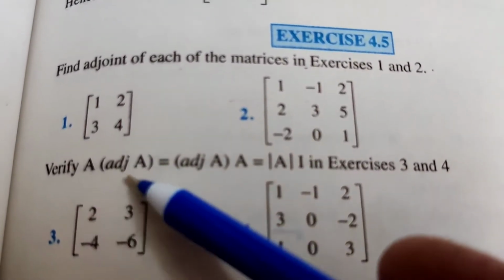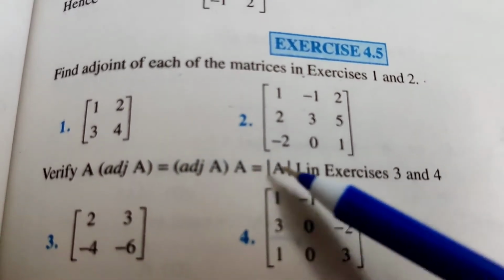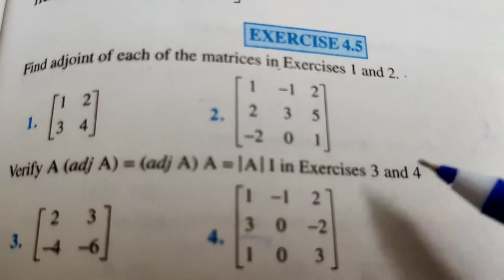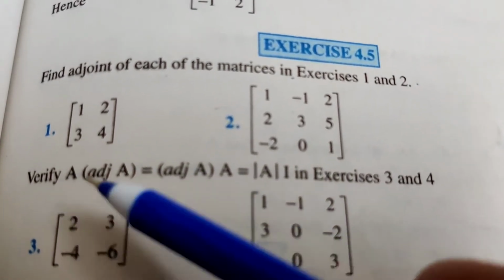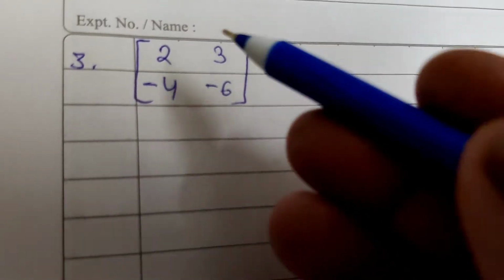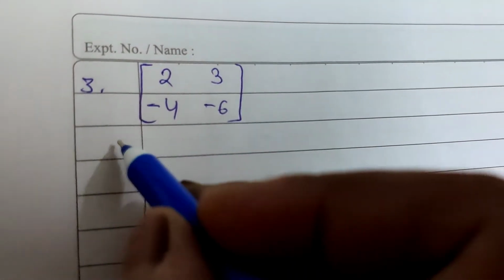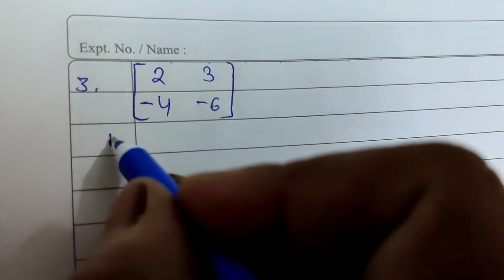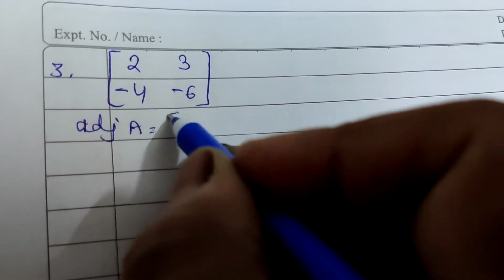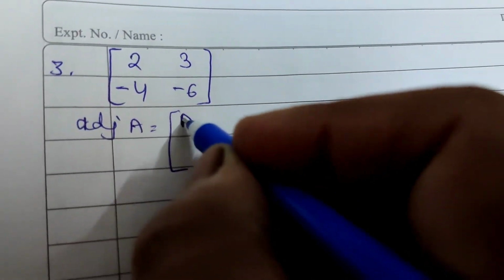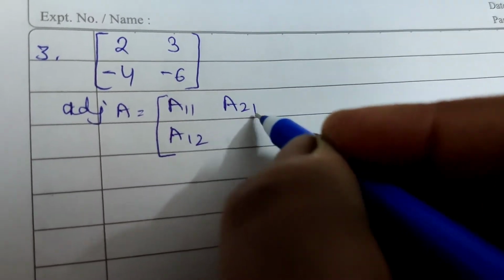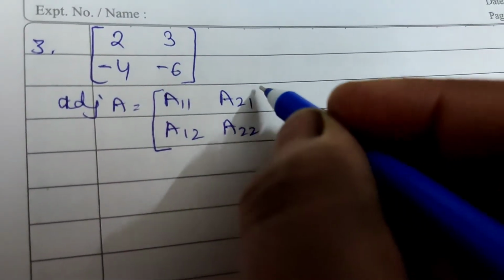Verify A times adjoint A equals adjoint A times A equals determinant A times I, in exercises 3 and 4. For these two questions, verify this. The matrix is 2, minus 4, 3, minus 6. Now the adjoint matrix is A11, A12, A21 and A22.